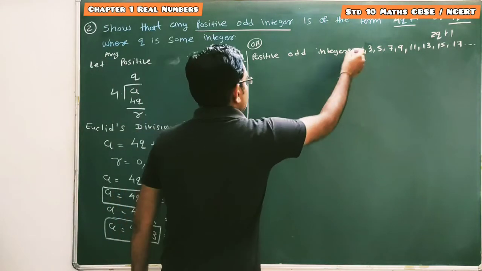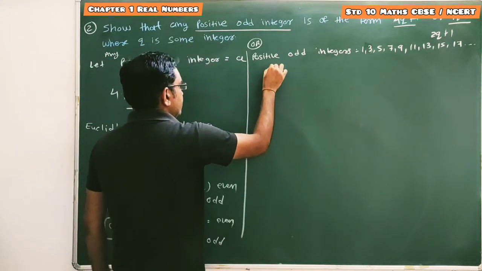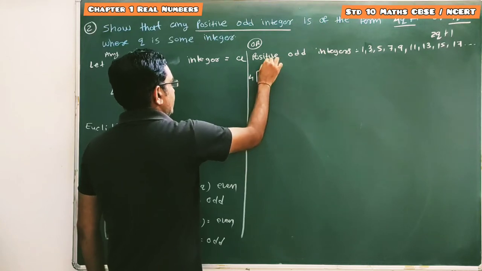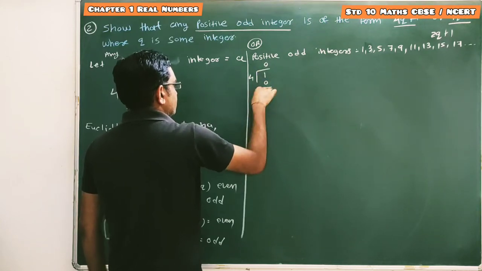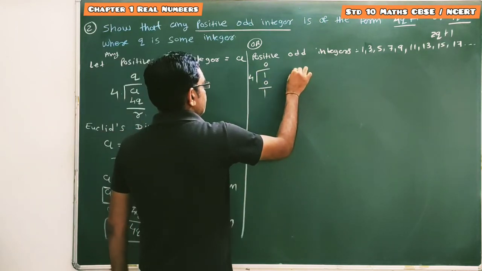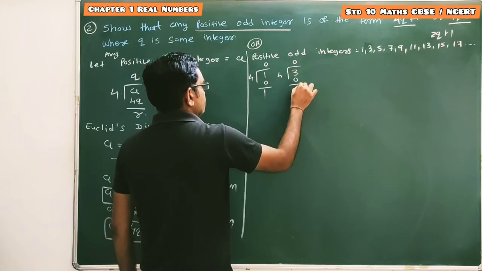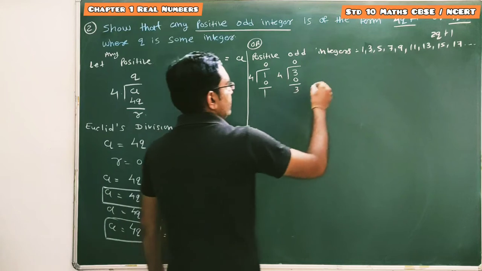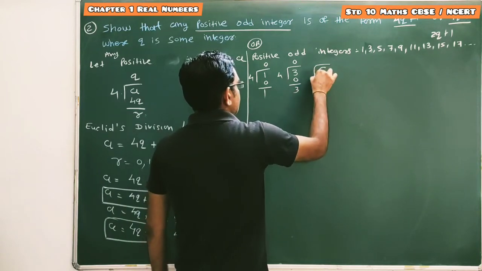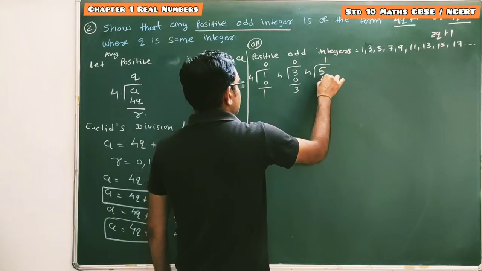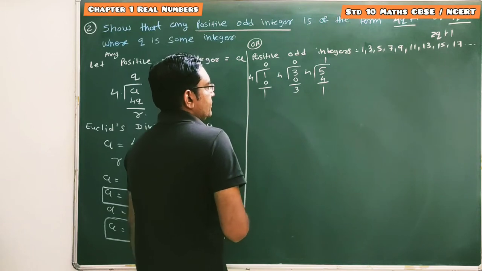Let's start with 1. If you divide 1 by 4, 4 zeros are 0, so the remainder is 1. Then divide 3 by 4. 4 zeros are 0, so the remainder is 3. Then we take 5 divided by 4. 4 ones are 4, remainder is 1.